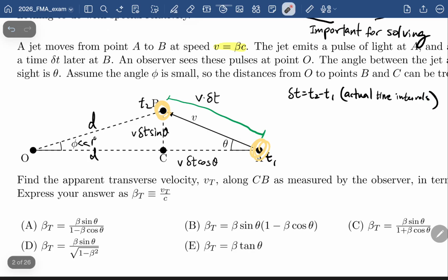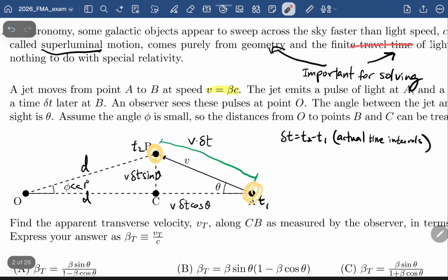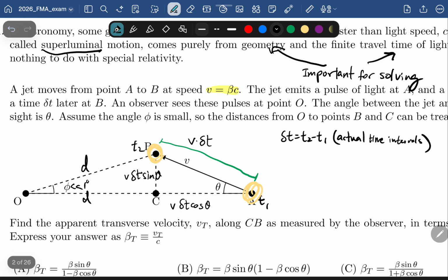However, the problem is that light has a finite travel time, so it'll still take some time for us to actually see the pulse. That's just due to the speed of light. So we can use primes. We can define another time interval: delta T prime is T2 prime minus T1 prime.